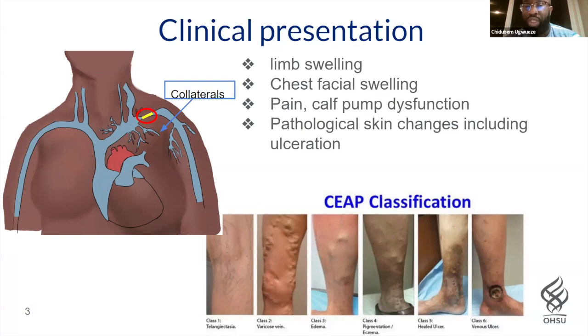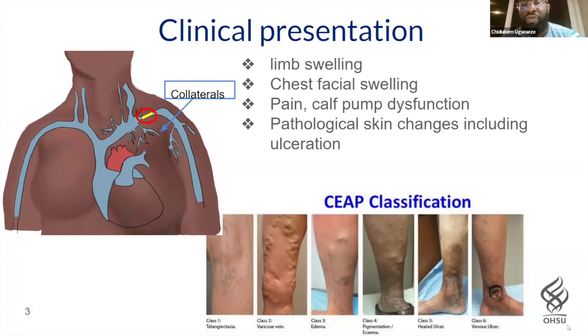There's a clinical classification for symptoms of venous disease called the CEAP classification, which goes from class 0, which is no symptoms and no findings from venous disease, to class 6, which is post-thrombotic syndrome with venous ulcers.